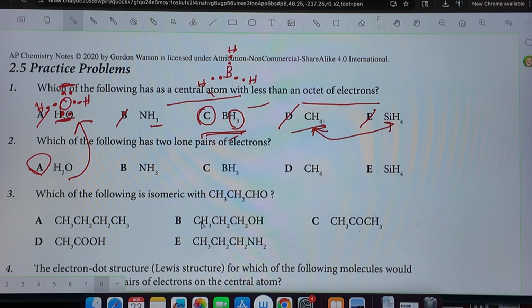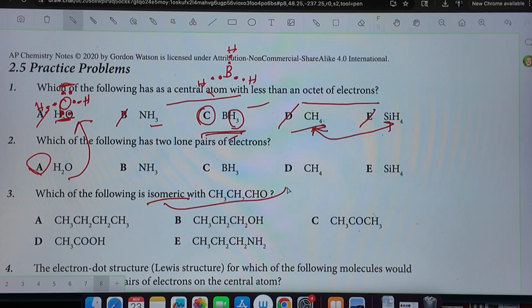Next question reads, which of the following is isomeric? So what does isomeric mean? Isomeric means that it is like an isomer. Now you might be like, Mr. Hussein, that doesn't really tell me anything.